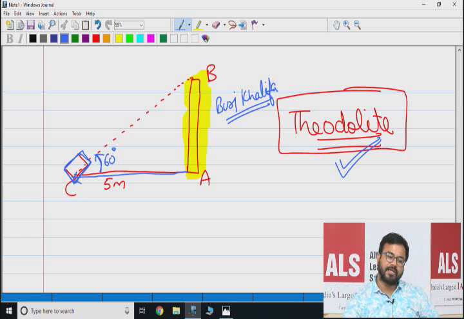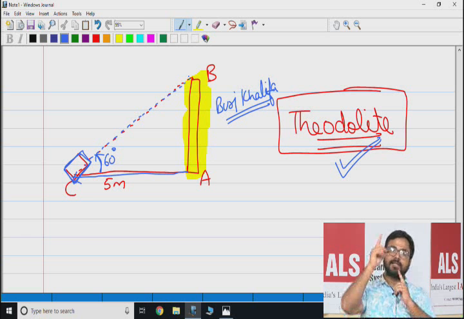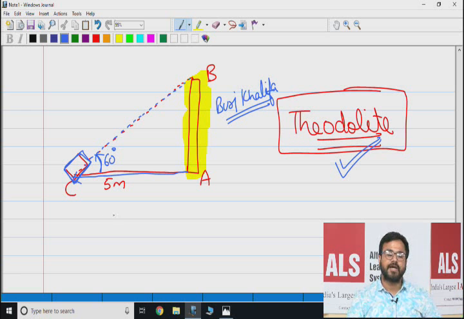Now the device will also tell you the angle formed by that line of sight with the horizontal, let's say, which is 60 degree. So now it is forming a right angle triangle.